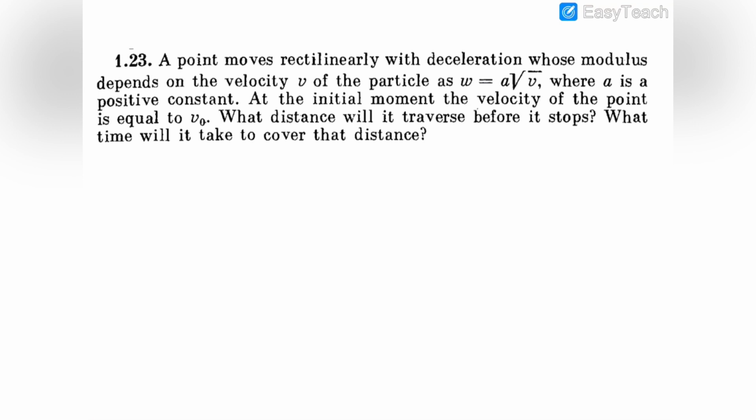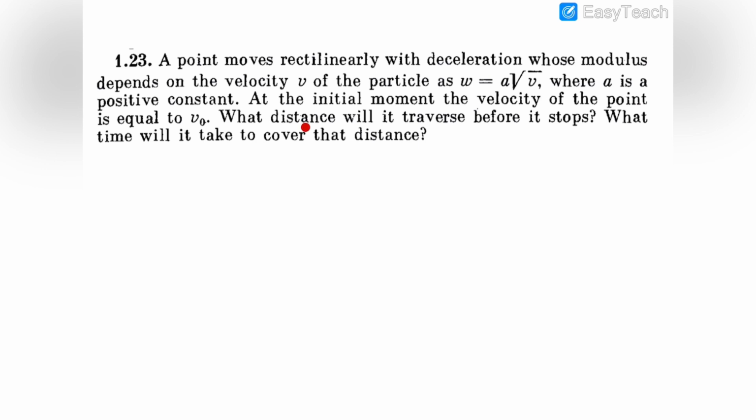In this question, you can see that a point moves rectilinearly with an acceleration whose magnitude depends on the velocity, like that. A is some positive constant, and at the initial moment of time the velocity of this point was v0.